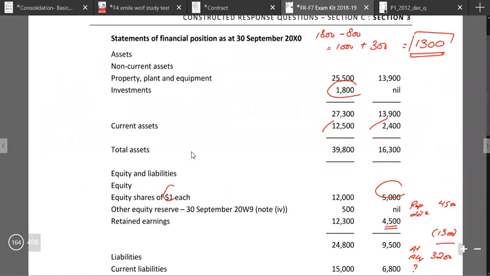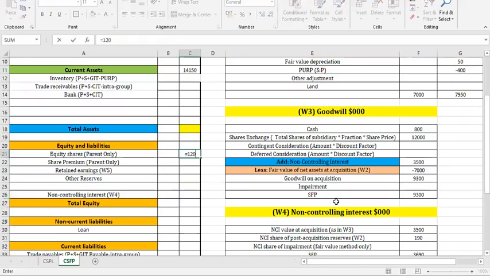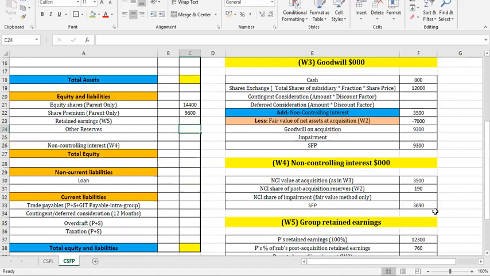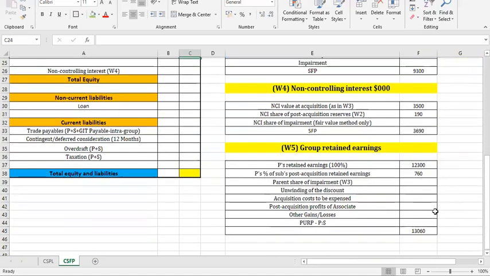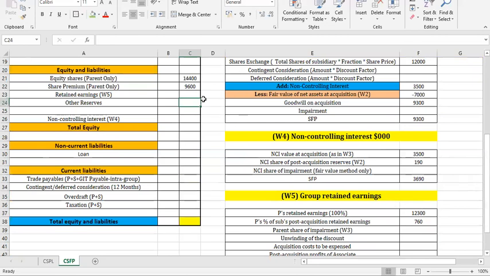Then you have the equity shares of the parent. It was 12,000 plus 2,400. Then you have the share premium, which will be 9,600. Then you have the retained earnings. What is that? 13,060.